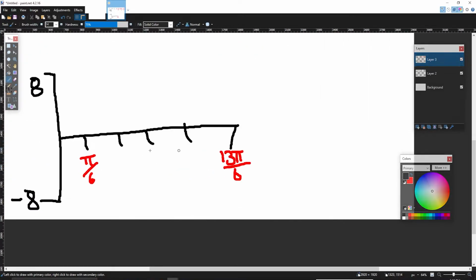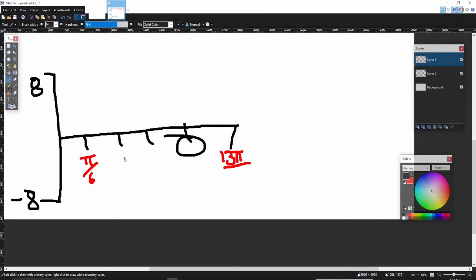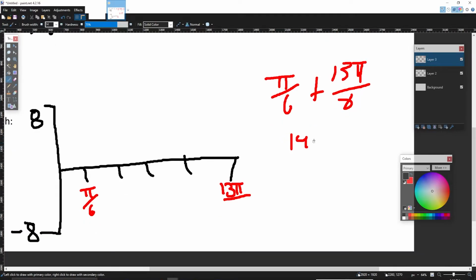To find the rest of the values, just add these two values and then divide by 2 to get this value right here, okay? And we're going to do the same thing for this value and this value. So first we're going to add 6 pi by 6 plus 13 pi by 6. We're going to have 14 pi by 6.